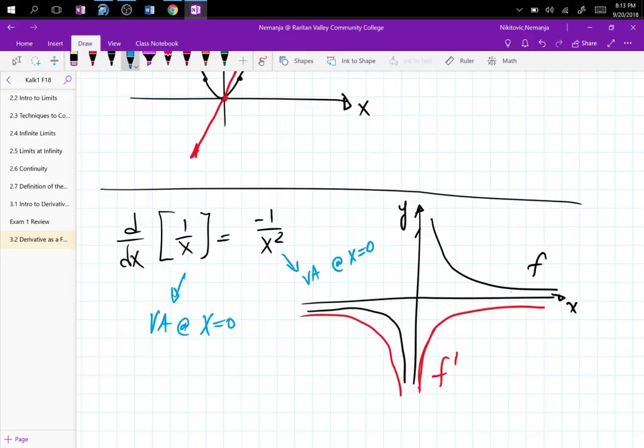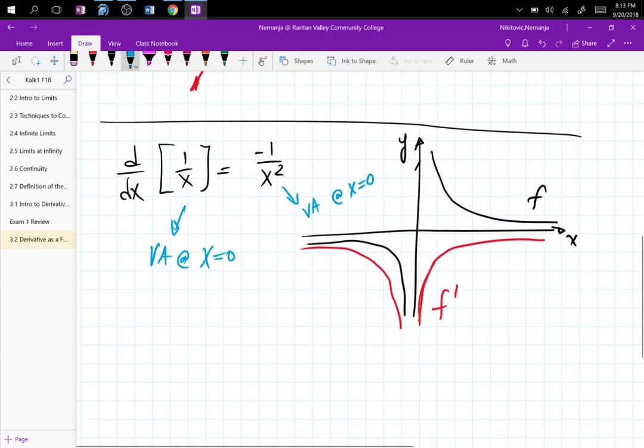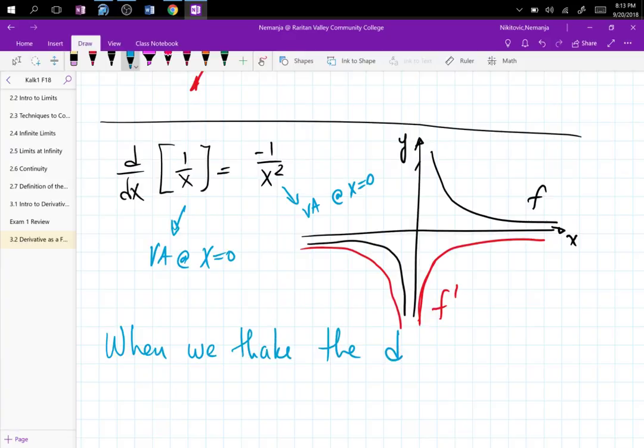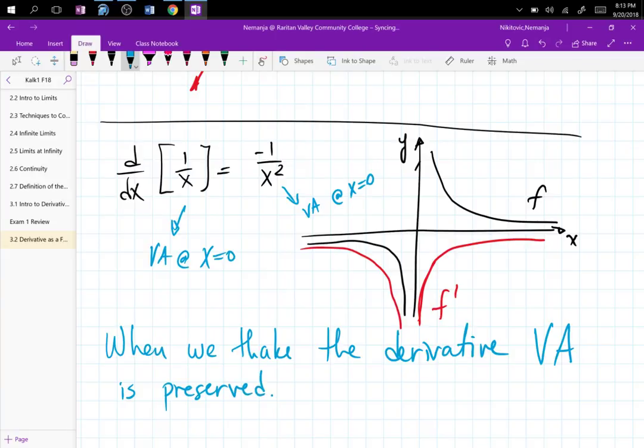So if you had the vertical asymptote at 1, the derivative will have a vertical asymptote at x equals 1. So when we take the derivative, the vertical asymptote is preserved. It's going to stay at the same location.